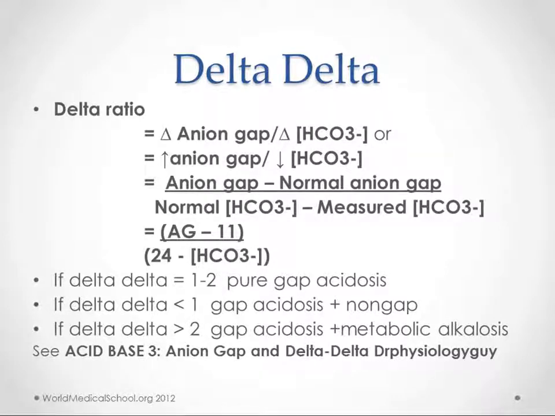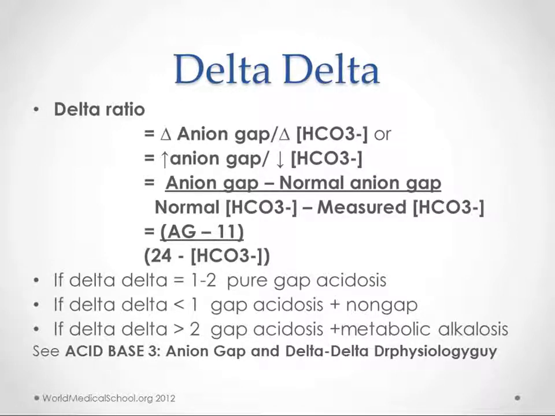So if you have an increased gap, metabolic acidosis, and there's another thing that we can calculate called the delta-delta, or the delta ratio. And I'm not going to go into super great depth with this, so if you don't understand what I'm saying, there is a great video that you can watch that will just spend 10 minutes going over this one concept, and it's really good. So the delta ratio is the change in anion gap over the change in bicarb.